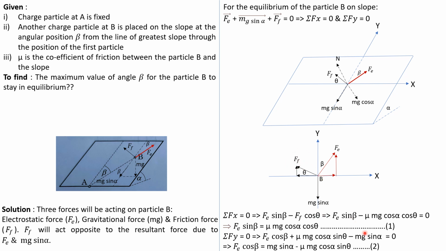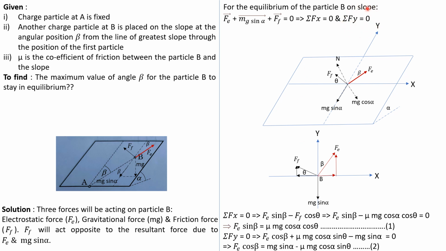Ff we can write as mu into N, the normal reaction force. There is no motion perpendicular to the slope, so N will be equal to mg cos alpha. So Ff is mu mg cos alpha, and its component in the x direction is cos theta. So we get this equation: Fe sine beta is equal to mu mg cos alpha cos theta. This is equation 1.